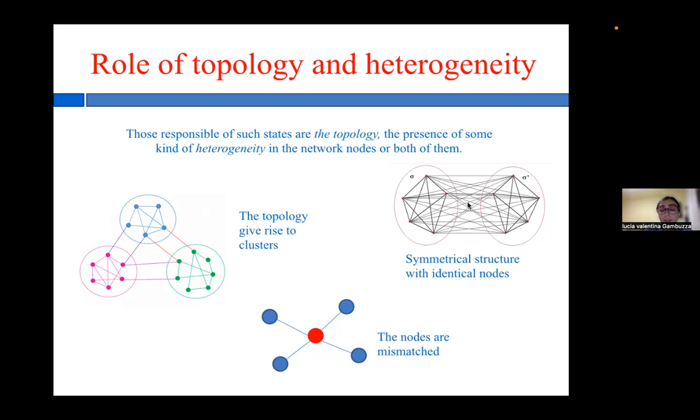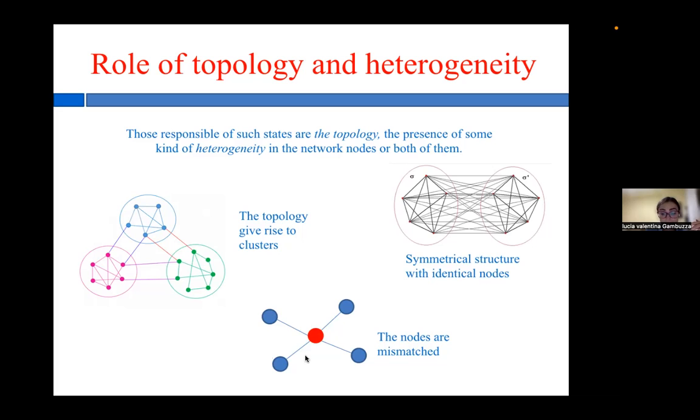The main difference is that we can distinguish between 2 populations, here indicated with sigma and sigma prime, and the connection among nodes of these 2 populations is slightly different from the connection, the weights, the strength of the coupling inside each cluster. In this case, the main responsible for the cluster state, which is called the chimera state, is the symmetrical nature of the structure itself.